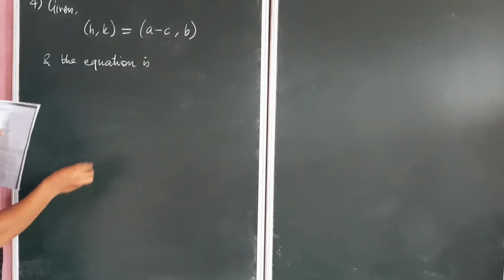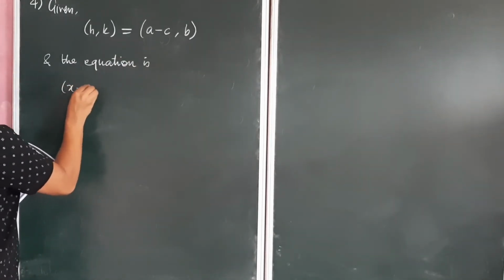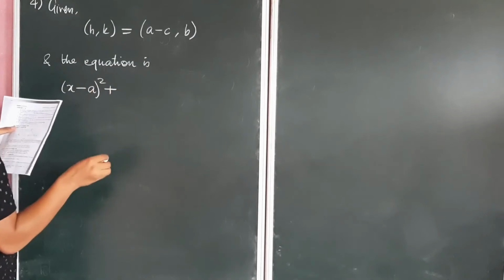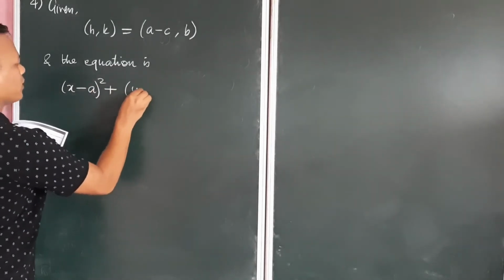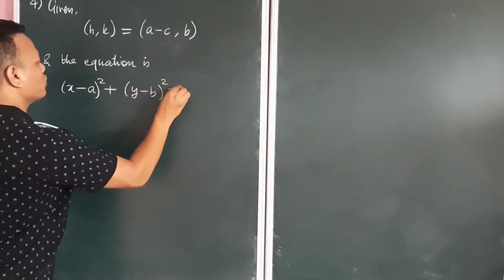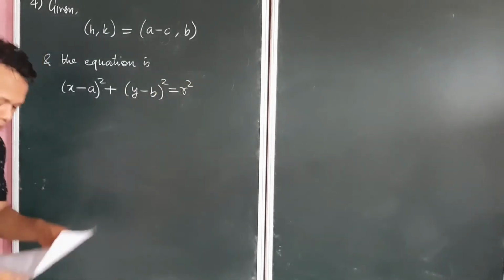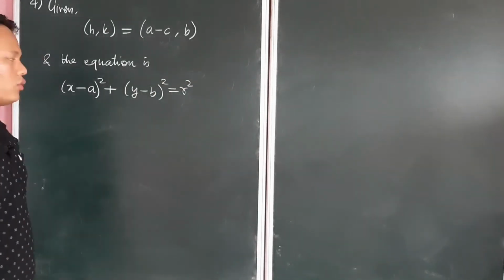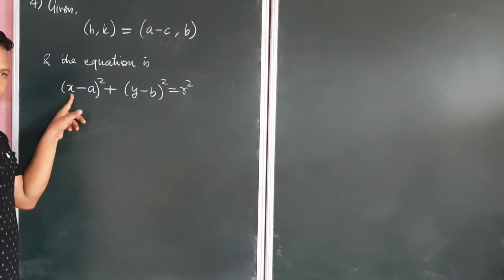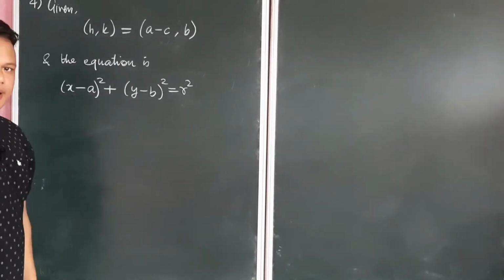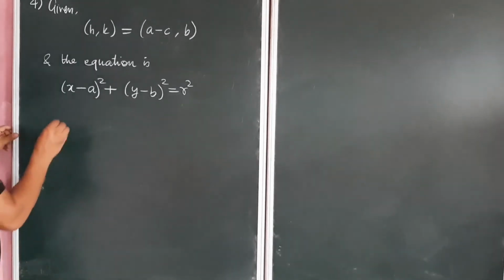The given equation is (x minus a) whole square plus (y minus b) whole square equals r square. Basically here also you have to get rid of this x and y, and introduce x dash and y dash. So let us see what's happening here.